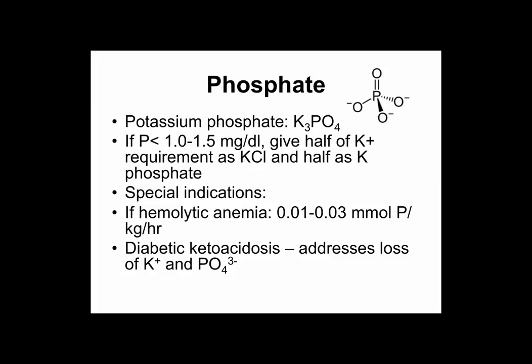So the two conditions where we sometimes need to replace phosphate are hemolytic anemias, where we're getting massive amounts of phosphate from intracellular red blood cells being lost into the blood and then put into the urine, and we need to replace that, or diabetic ketoacidosis, which in this case helps us to address the phosphate loss as well as the potassium loss.